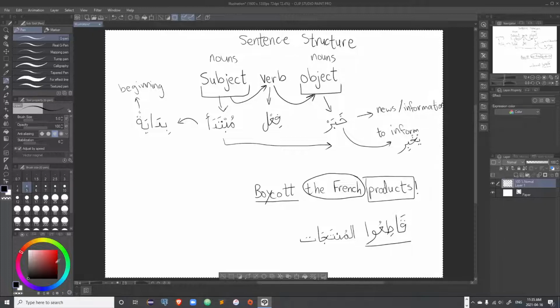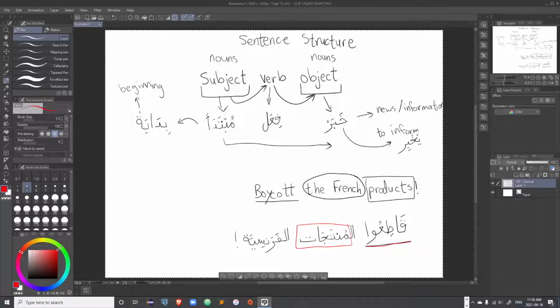Actually, I will do the shapes underneath in a different color. قاطعوا المنتجات. L, again, the. And this is an Arabicized word. It is not actually Arabic. الفرنسية, and exclamation mark.